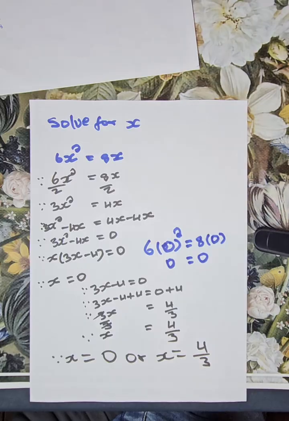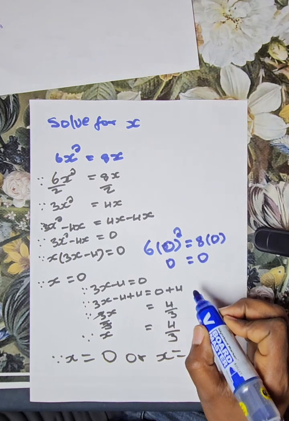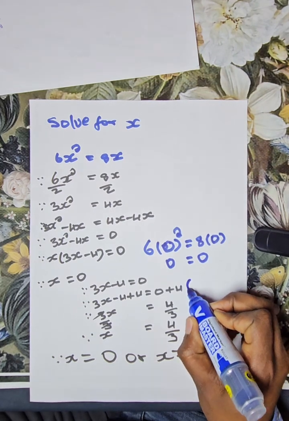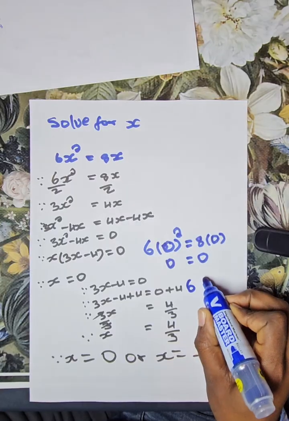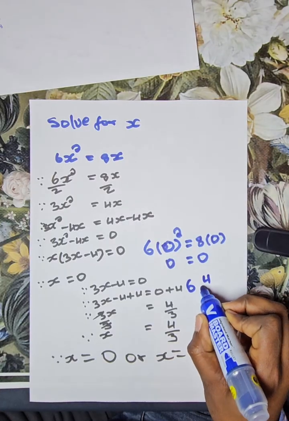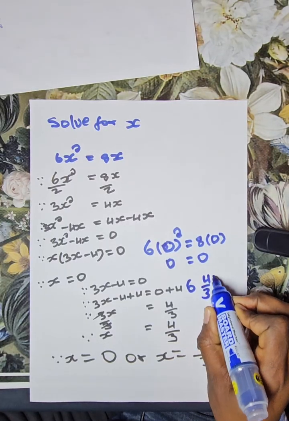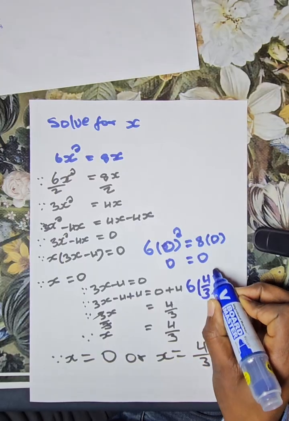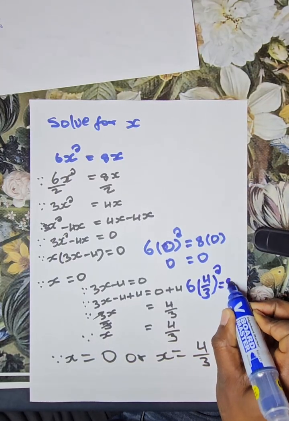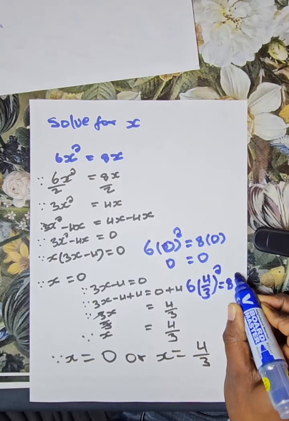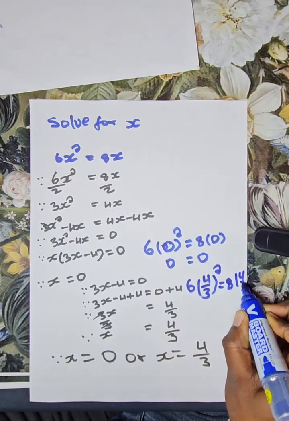Okay, let's check the second, 4 over 3. So if I take 6 and substitute 4 over 3 in place of x, all squared, equal to 8 also times 4 over 3.